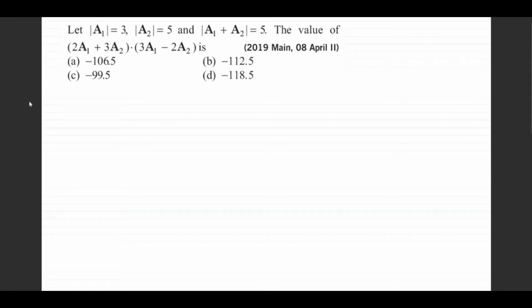This question then is from the 2019 Mains paper, right? Certain relations are given for A1, A2, and we need to evaluate this expression. Can I say modulus of A1 plus A2 is given as 5? So I can say five square.